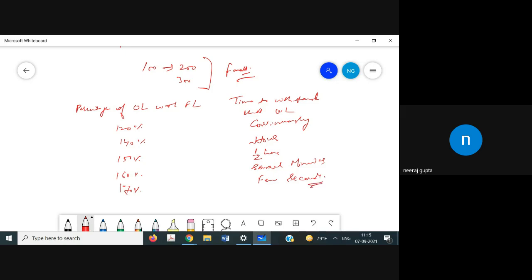So it gives us the information that what is the percentage increase in the current and for how much time it can bear that. So the main idea is that the greater the overloading, the lesser the amount of time for which it will remain there.